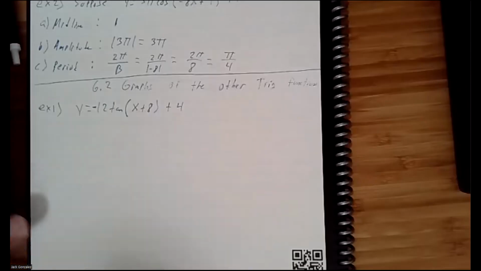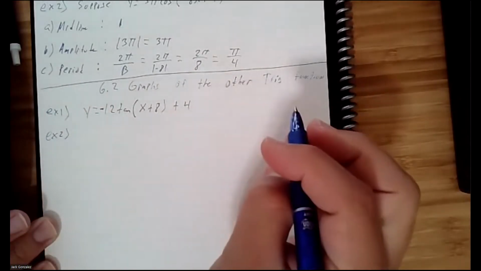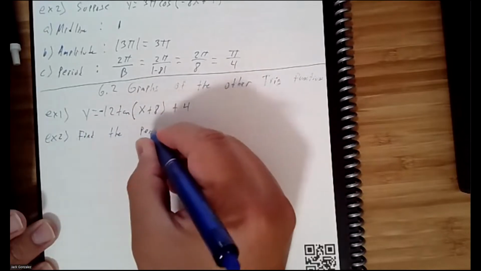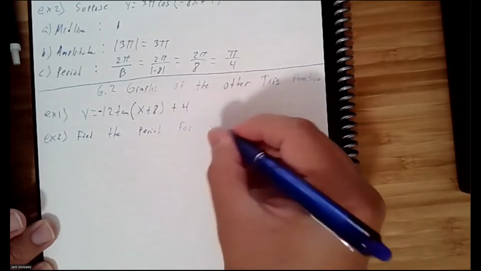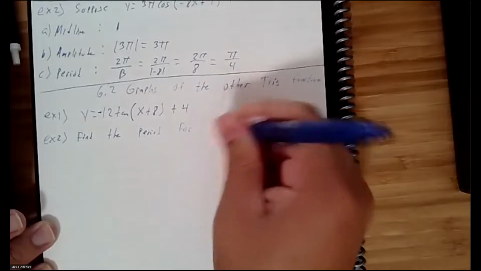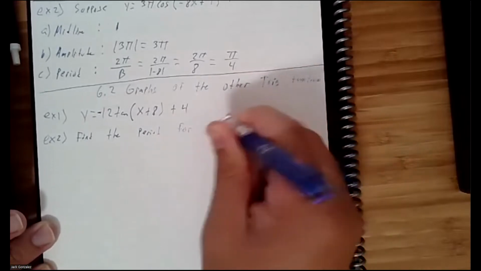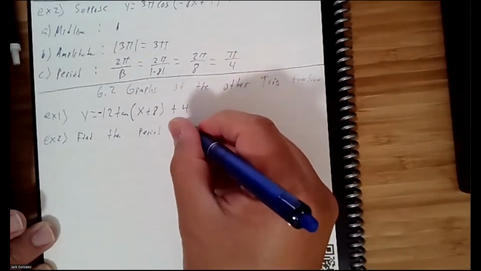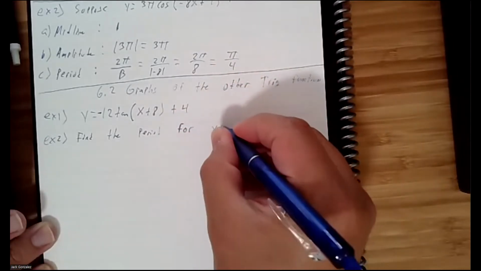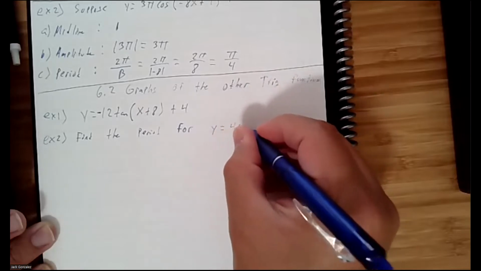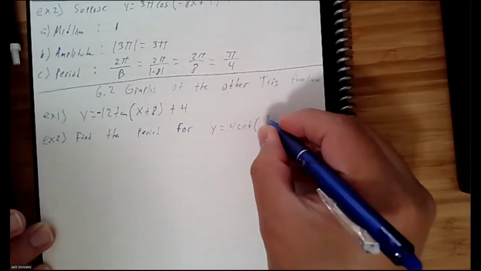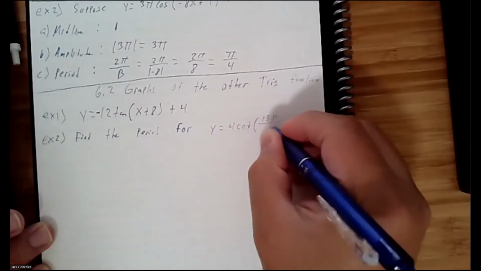So I'll go ahead and write that example. Example 2. Find the period for y equals 4 cotangent of (13 pi) over 12 x.